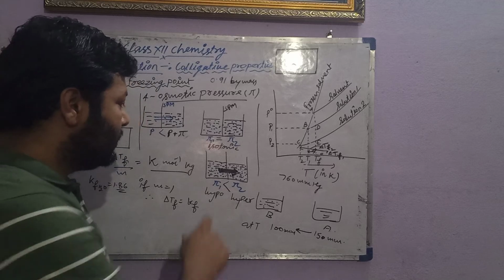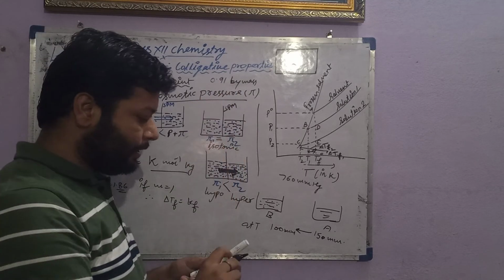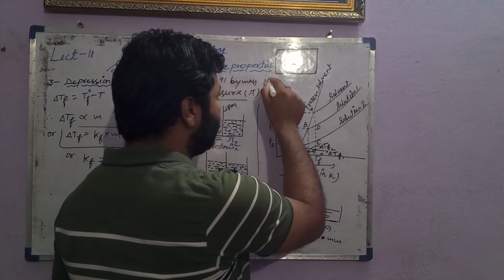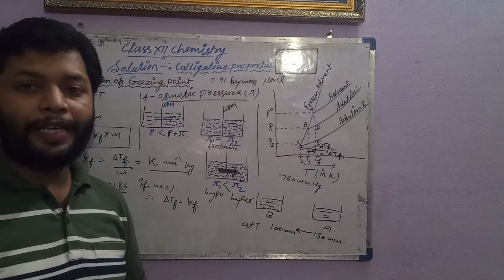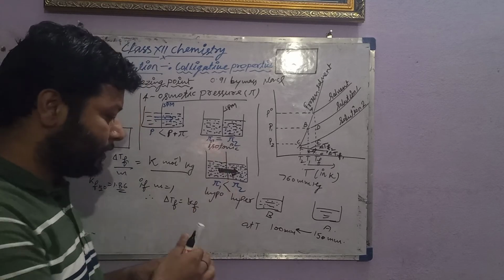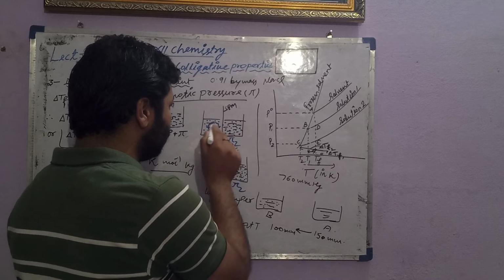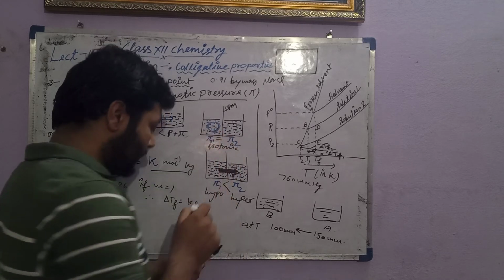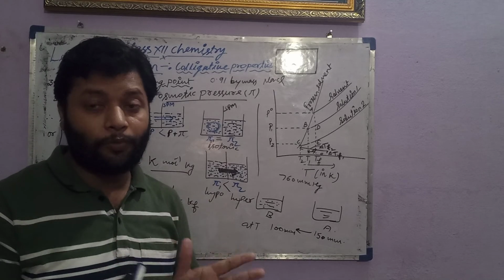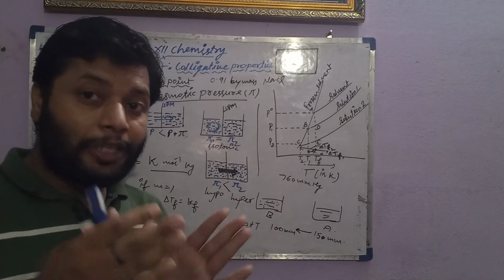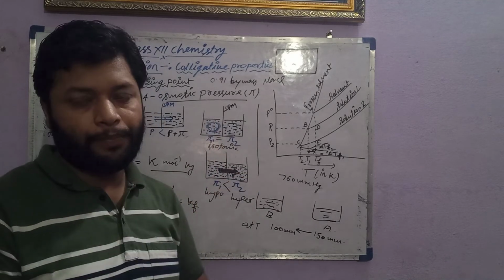For example, suppose this solution is 0.91 by mass NaCl solution, and we add a blood cell. There will be no change in the blood cell because there is no loss or gain of water from outside or inside, due to which the blood cell will remain in the same shape.